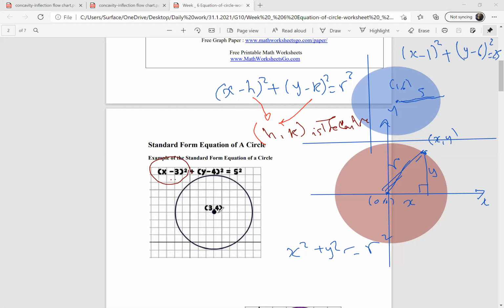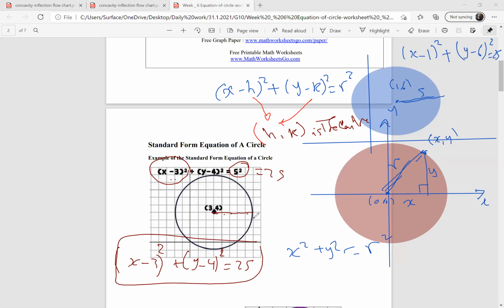What about the radius? The radius is 5 units. 1, 2, 3, 4, 5. It will be 5 to the power of 2, which is 25. So the equation of the circle is x minus 3 all to the power of 2 plus y minus 4 all to the power of 2 equals 25. And this is the equation of the given circle. Okay?